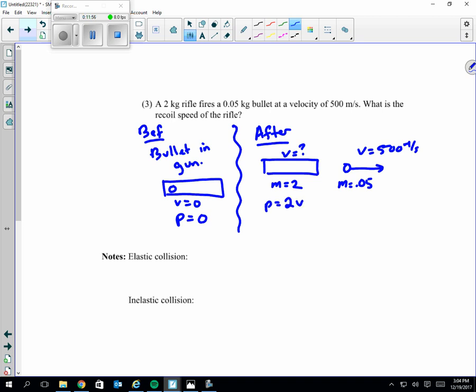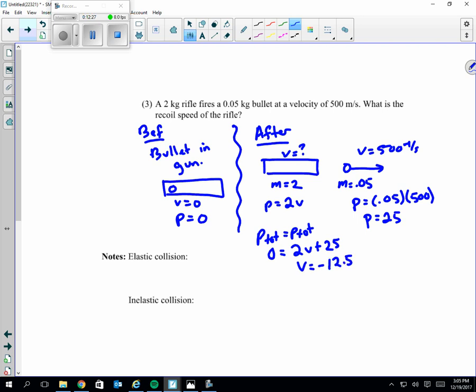After, the gun has a momentum of 2 v. And the bullet is going to be 0.05 times 500, which is a momentum of 25. And again, I do my p total equals p total. And I get 0 equals 2 v plus 25. If I solve that, I'll get v is negative 12.5.